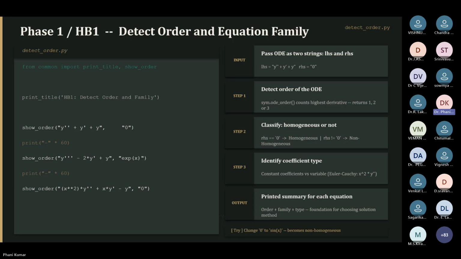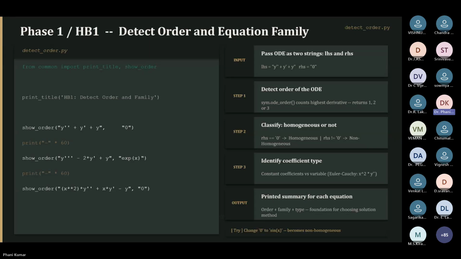We have to tell the program that this is a differential equation, not just symbols, so we are going to use some methods. We will see that in the programming part.